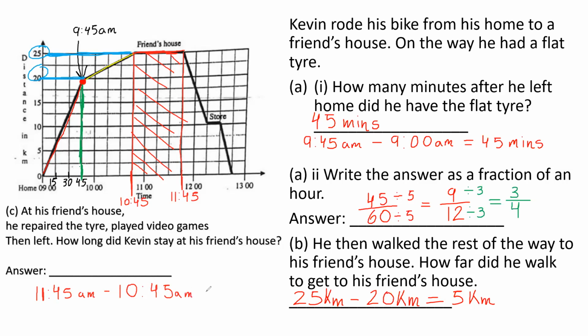That's going to be equal to what? 1 hour. Exactly 1 hour. So the answer to how long did he stay at his friend's house? Well, the answer is 1 hour. He stayed at his friend's house for 1 hour.